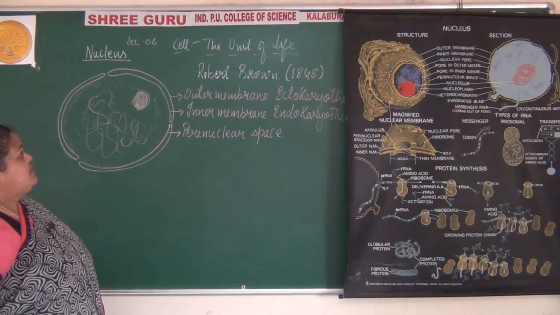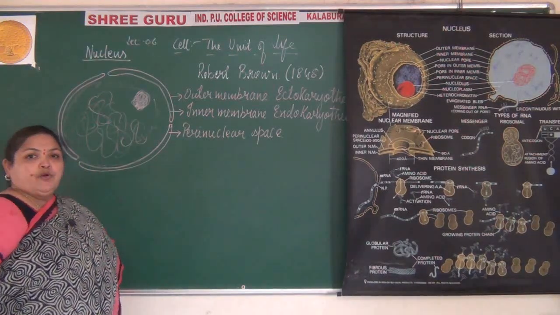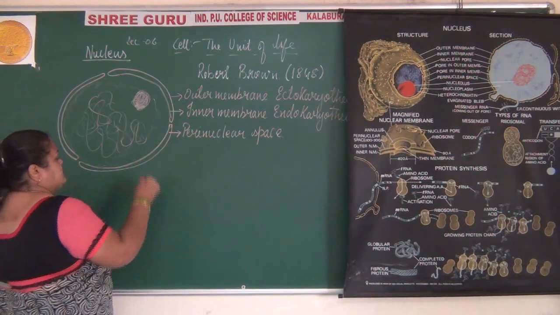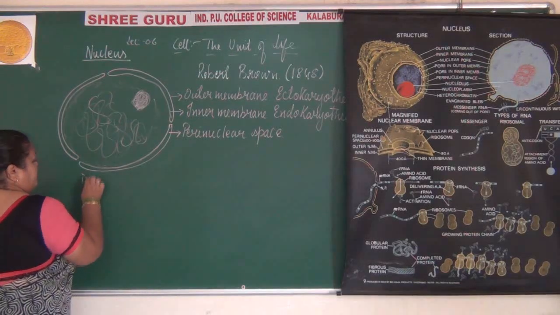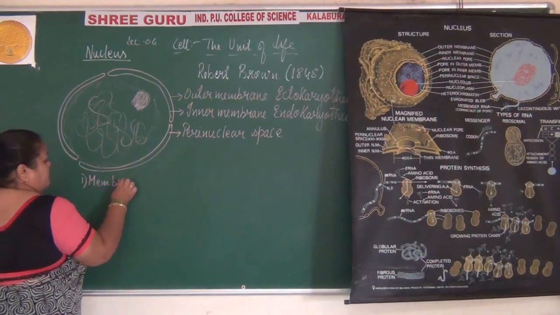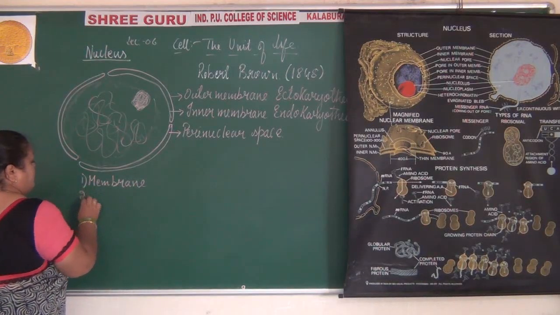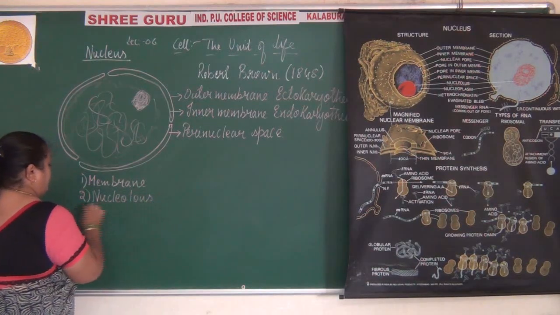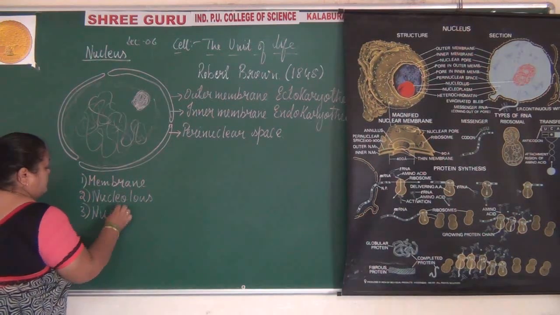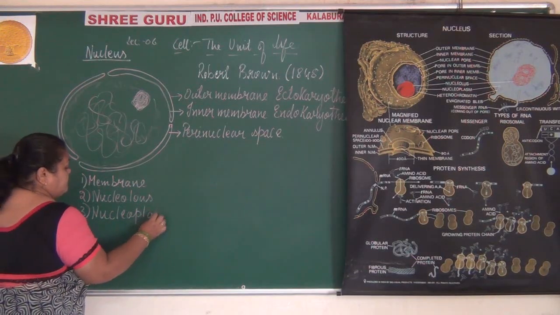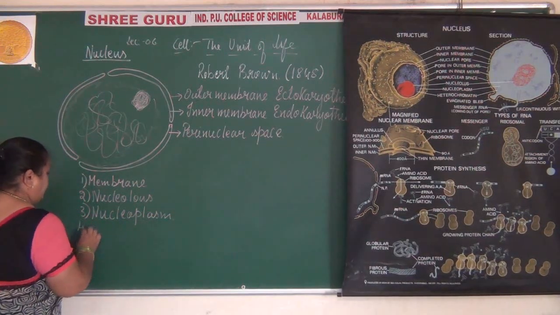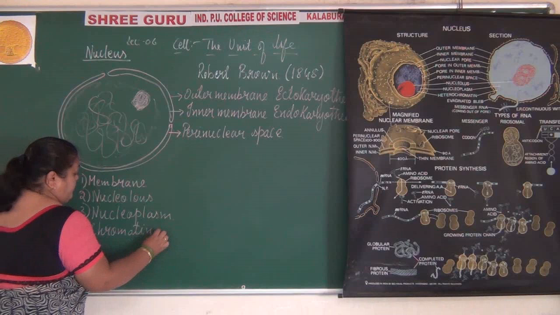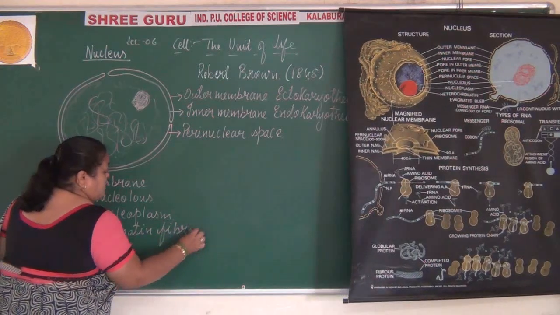It is a double membrane organelle, and you can find 4 components in the nucleus. The components of the nucleus are the membrane, nucleolus, nucleoplasm, and chromatin fibers.